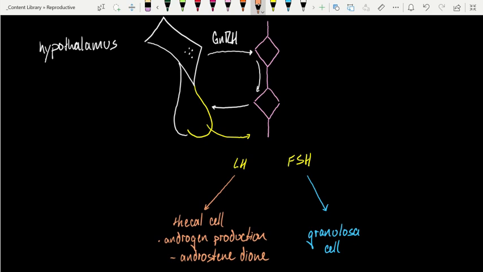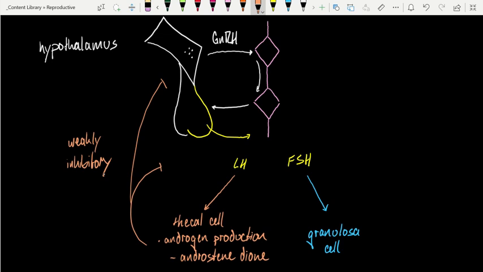Similarly, we see that feedback inhibition from androgen onto LH and to some extent onto GnRH. But because we're talking about androstenedione instead of testosterone, this is much more weak, only about 12% of the total potency we would expect to see with testosterone. So we'll call this weakly inhibitory. And what that means for us is it's not that big of a deal. There are other key regulators that we want to focus on.